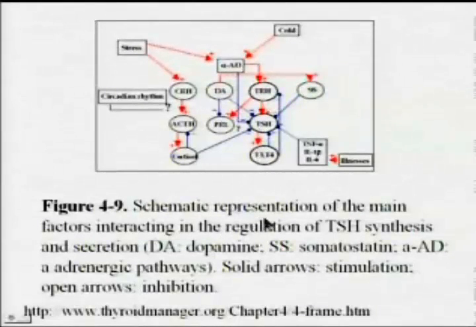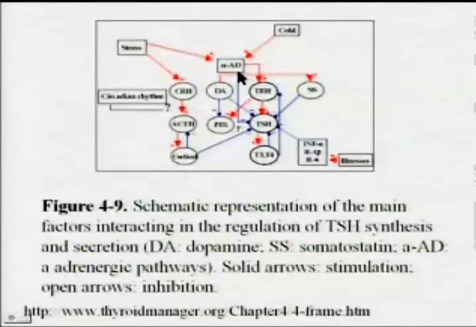So this schematic representation shows the main factors interacting in the regulation of TSH synthesis and secretion. There's dopamine, somatostatin, alpha adrenergic pathways, noradrenaline. So the solid red arrows were the stimulation, and the open arrows were the inhibition. So cold is a very potent stimulus through the noradrenergic system.